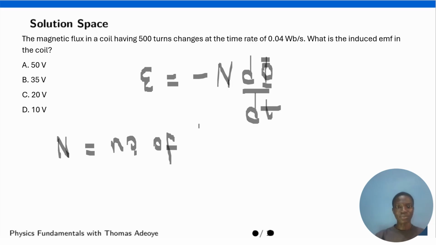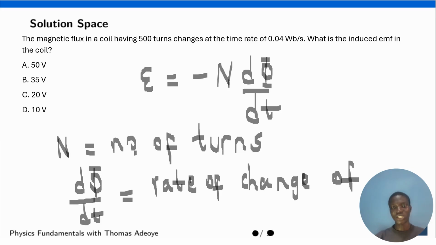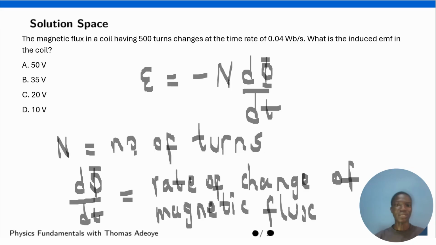It is number of turns in the coil, and this is the rate of change of magnetic flux. Okay, so that's that. This is the formula. This E is the induced EMF.